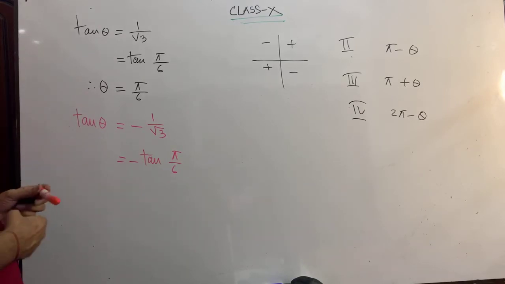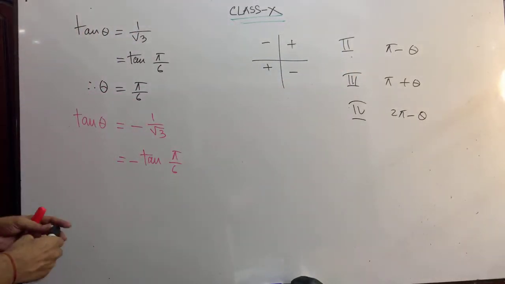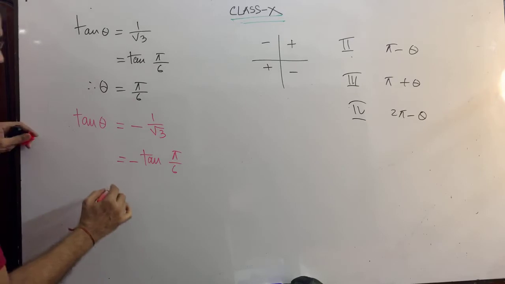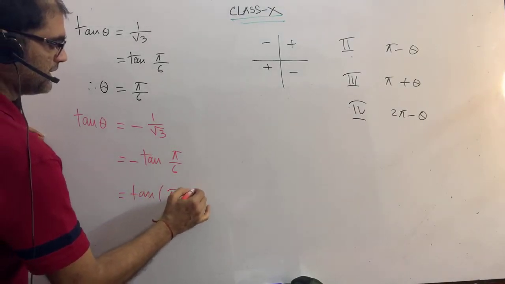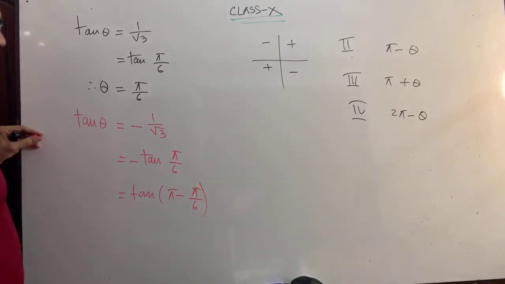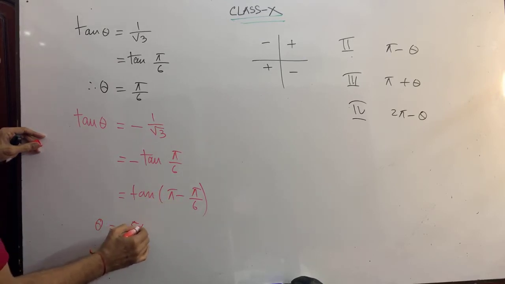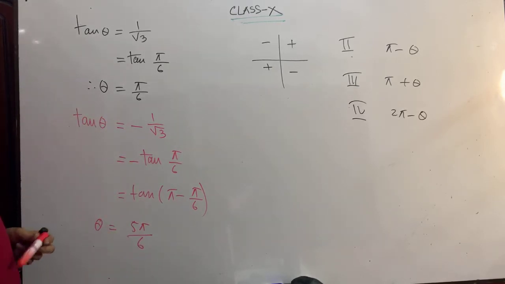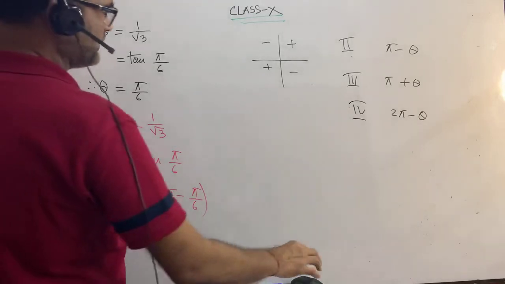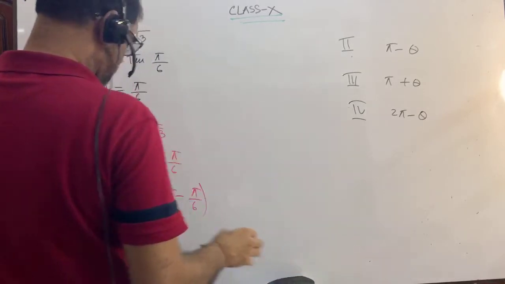What I told you again and again for the second quadrant, pi minus theta. Can you remember? Pi minus theta. That's good. So you write down tan pi minus theta. So from here we can write theta equals 5 pi by 6. In the second quadrant it is negative. And you see for the third quadrant it is positive. That's good.